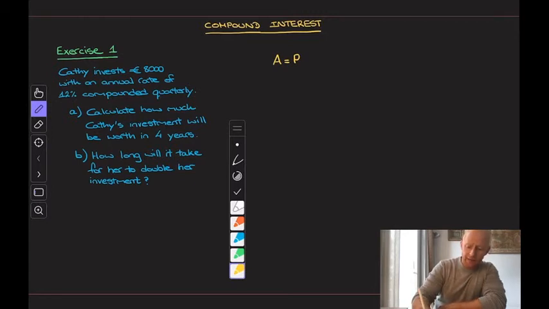The amount A we have is equal to P times, in parentheses, 1 plus R over N, all of which is being raised to the power of N times T.